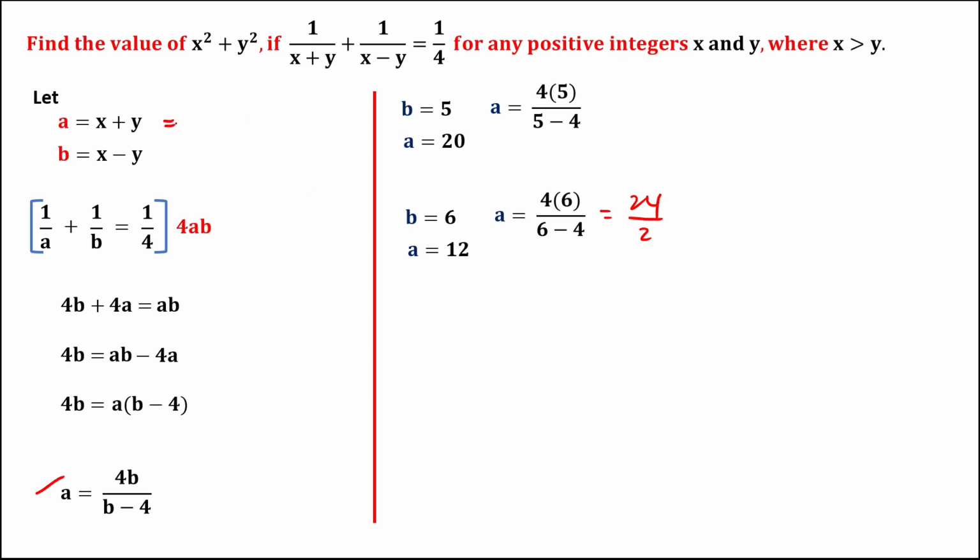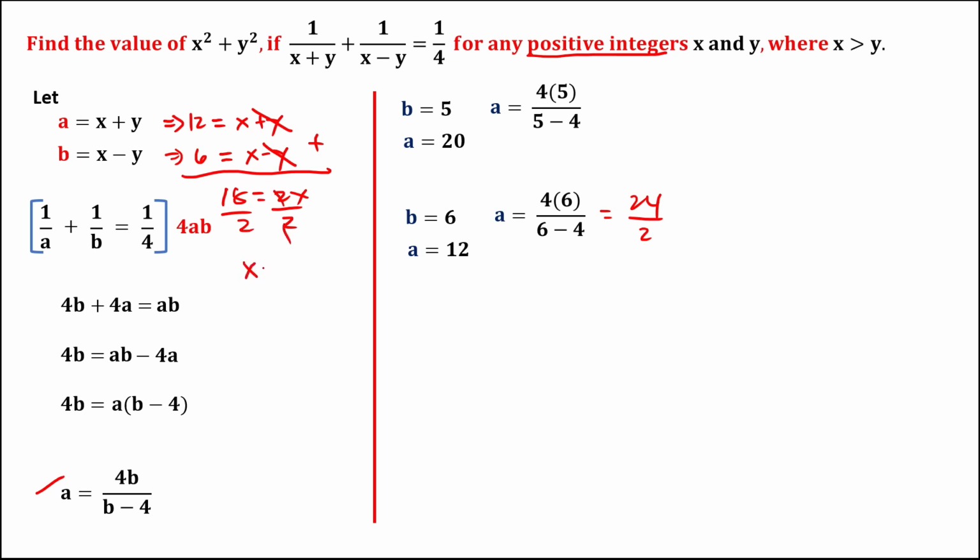Then to check if the values are positive integers, a is 12 equals x plus y. Then b is 6 equals x minus y. Then add, so eliminate now this y. 6 plus 12, this one is 18, equals 2x. Then divide both sides by 2. So x is equal to 9.